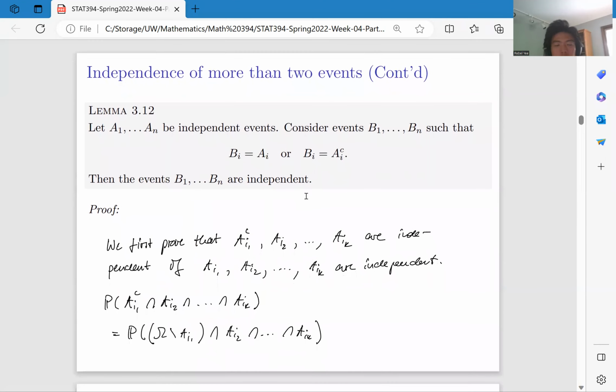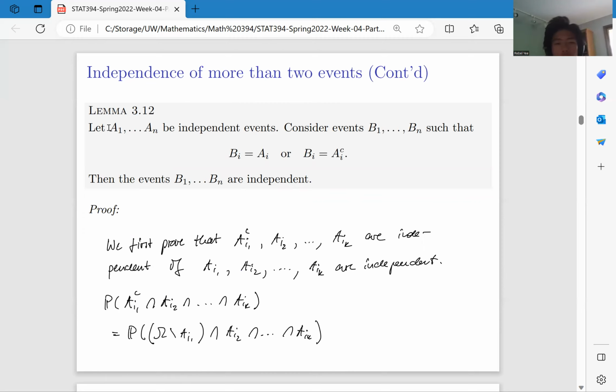Okay, and there's another useful lemma for us to prove. Let's say we already know A1, A2 to An are independent events, and there's another set of events B1, B2 to Bn with the property that each Bi is equal to Ai, or Bi is equal to Ai's complement.